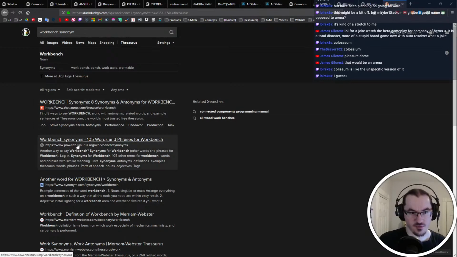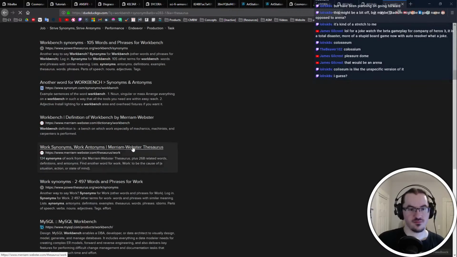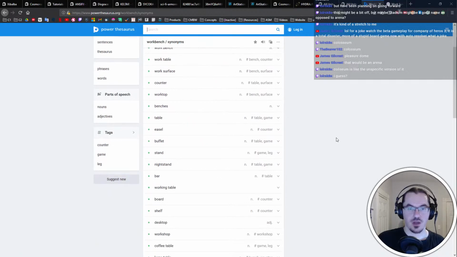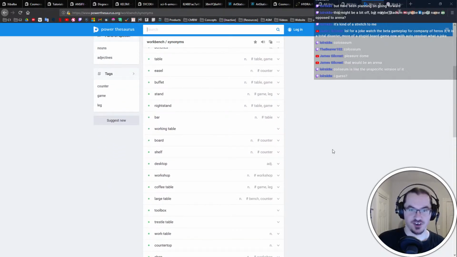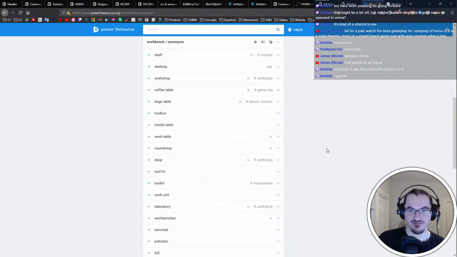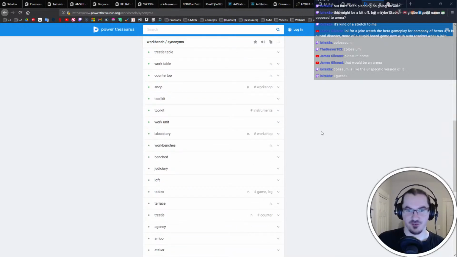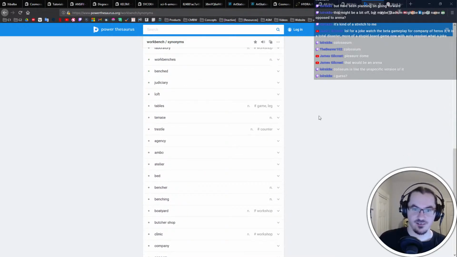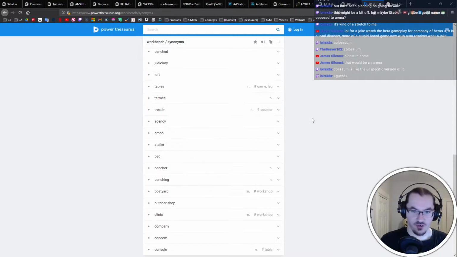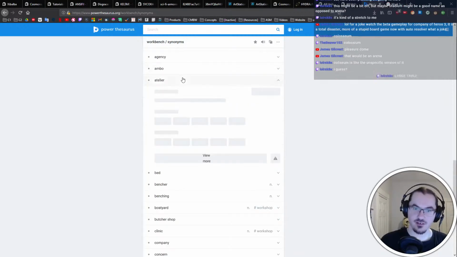Look up synonyms to workbench. Power thesaurus. That's powerful. No, this is looking pretty good so far, isn't it? Yeah, a lot of useful ones here. Laboratory is one that I didn't think about.